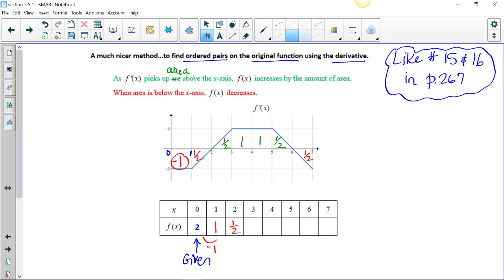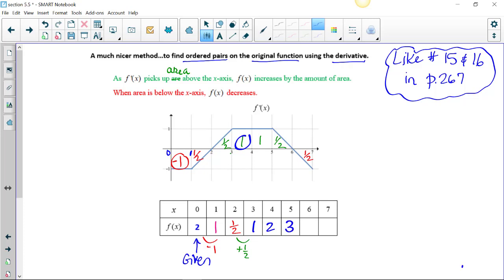Okay, and continue on. So then when I go from 2 to 3, I've got a positive area, so I'm increasing it by 1/2. So I'm adding 1/2. 1/2 plus 1/2 is 1. Okay, so from 3 to 4, I'm adding 1, that's 2. From 4 to 5, I'm adding 1 to 2, I get 3.